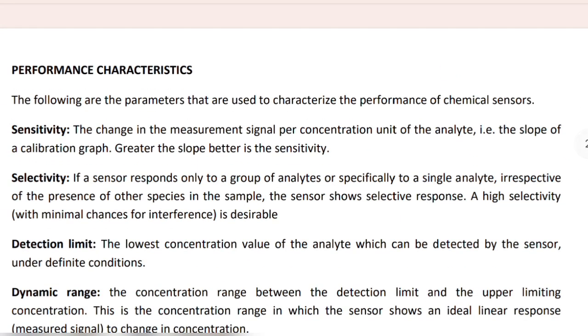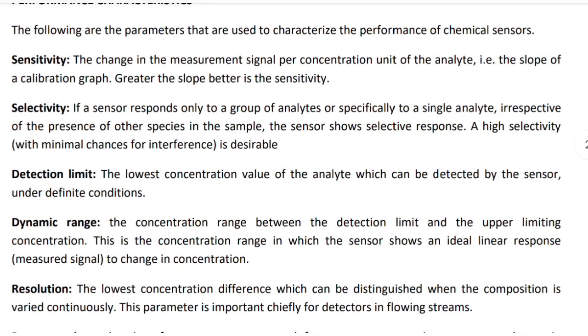Next, coming to the performance characteristics, there are certain parameters which are used to characterize the performance of a chemical sensor. The first parameter is sensitivity. Sensitivity means the change in measurement signal per unit concentration of the analyte.